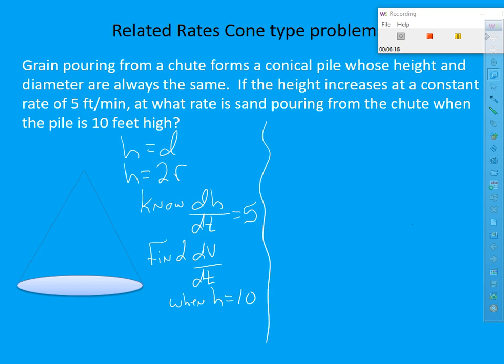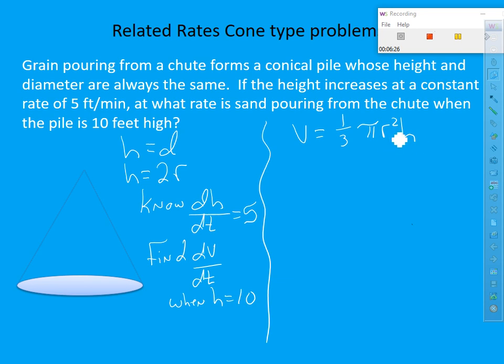Now, the formula for the volume of a cone, volume equals 1/3 pi r squared h. The pi r squared h should look familiar. That's the volume of a cylinder. Multiply it by 1/3, you got the volume for a cone. Now here's the key thing on beating cone problems.